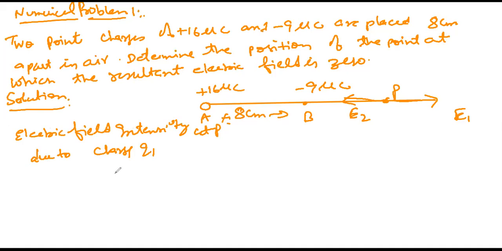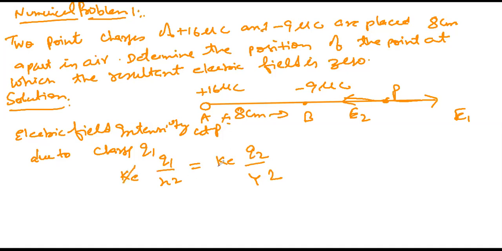Do you know the formula of electric field? Yes, sir. Tell me the formula. 1 upon 4 pi epsilon naught into Q upon R square. Correct. So here we'll write X square instead of R square, and in place of 1 by 4 pi epsilon naught, you write K_e. K_e q1 upon x square is equal to K_e q2 upon y square.